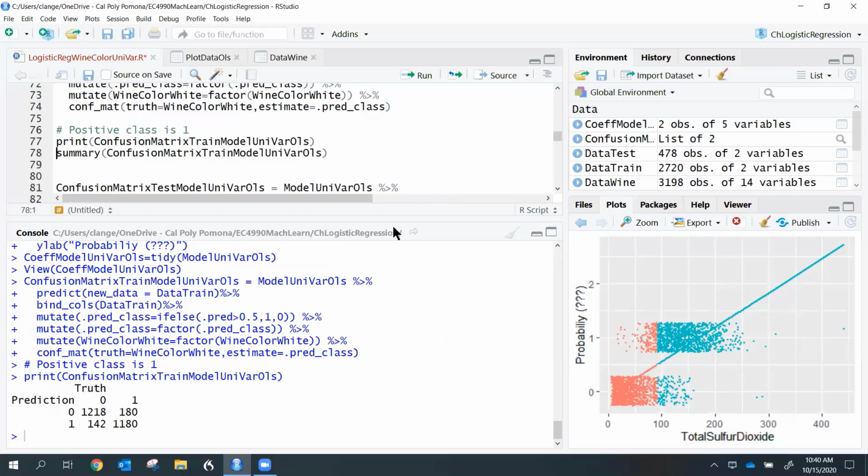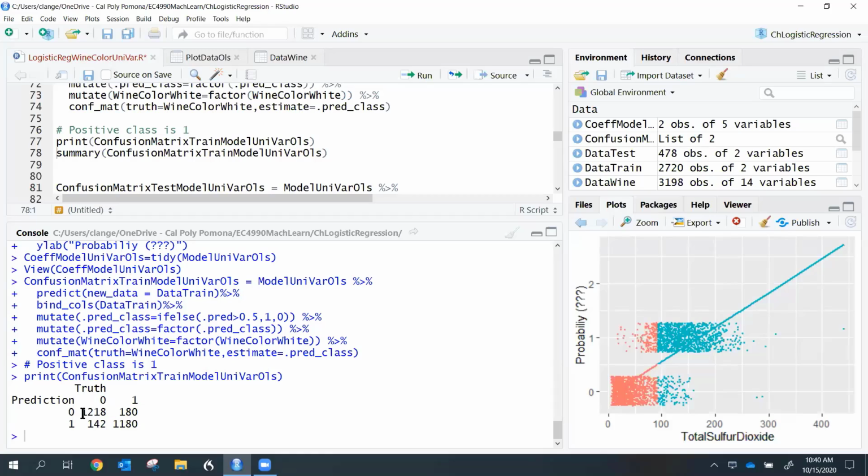And we can see already the truth is in the columns. That means everything that is in this column is a red wine with a 0. Everything that is in this column is a white wine. These are just the facts. The columns represent the facts. The rows represent the predictions. So let's look at the first column.